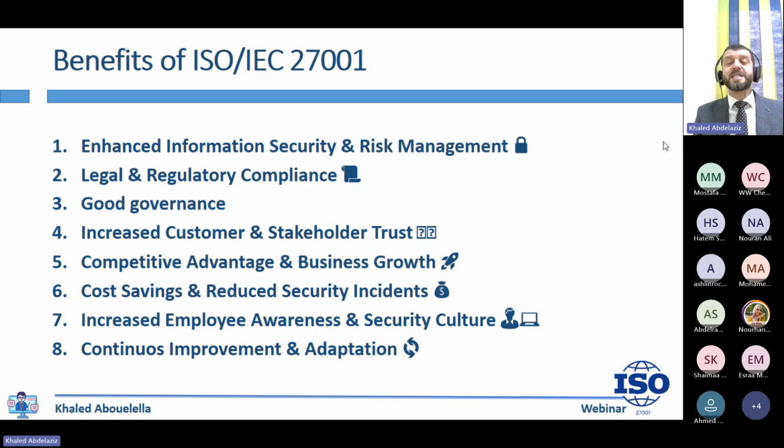Also, you need to ensure a systematic approach for risk management. You don't tackle cybersecurity or information security risk by every individual. No, you need to have a systematic approach for risk management.